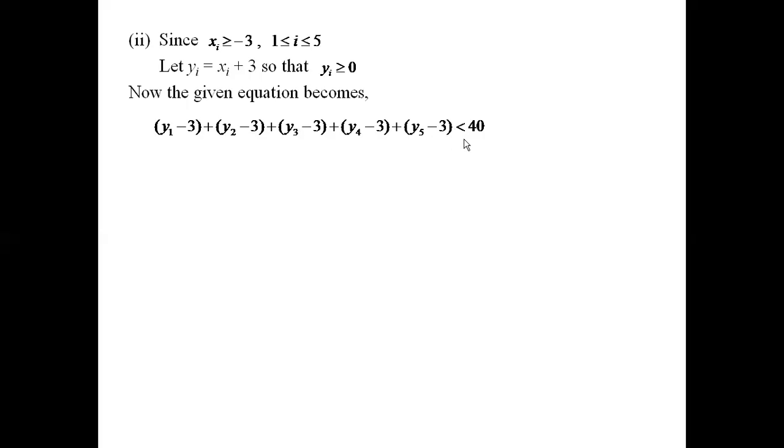The inequality remains less than 40. So we have y1 plus y2 plus y3 plus y4 plus y5 minus 15. Summing up all the constants on the left hand part, it is minus 15, less than 40. Taking minus 15 to the RHS, 40 plus 15 will be 55.